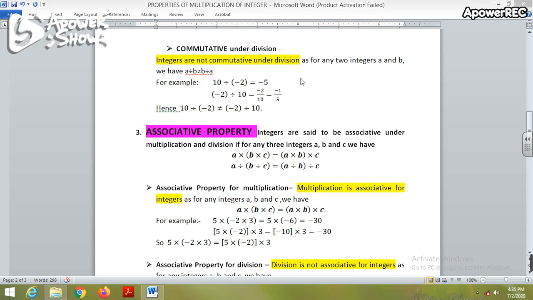Now let's move on to the third property, known as the associative property.